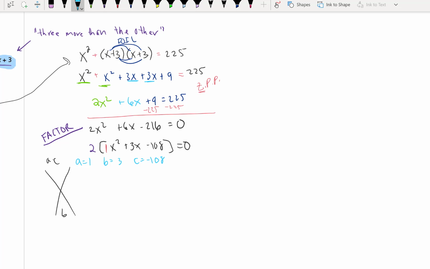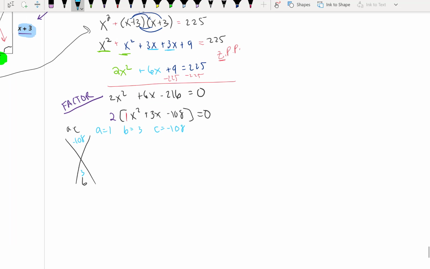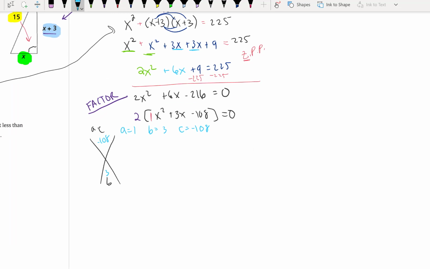So then my A times my C value is negative 108, and my B value is a positive 3. So I want two numbers that multiply to negative 108 and add up to a positive 3. So let's start thinking about some factors here. Well, I know that there's definitely 1 and 108.